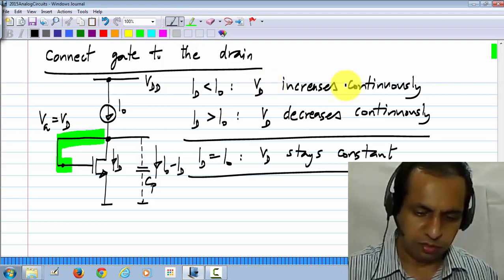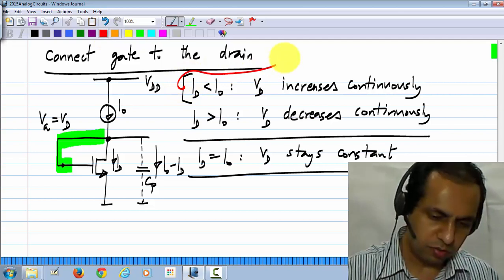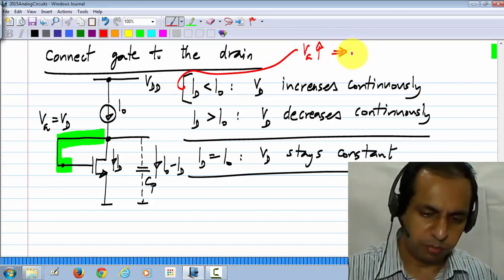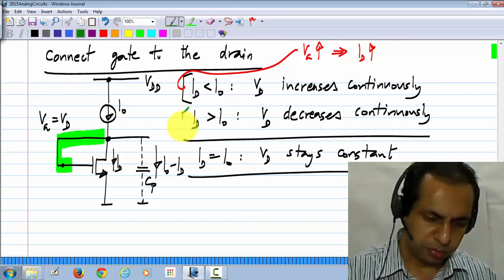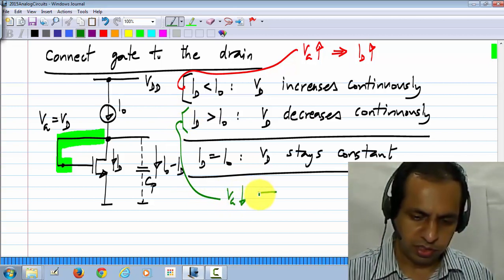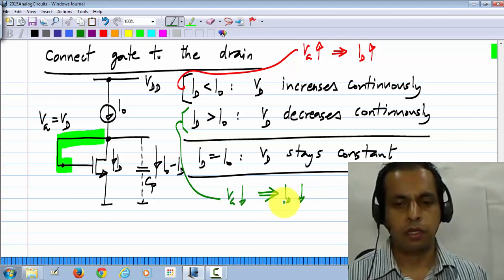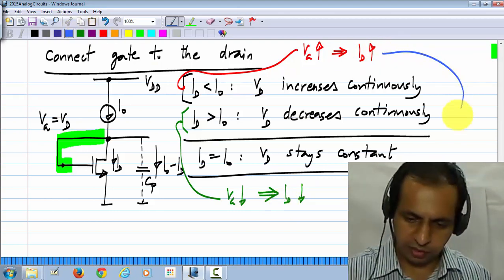So in other words, in this particular case, VG increases, which implies that ID also increases. And in this particular case, VG falls down, which implies that ID also falls down. Now, in either case, both of them will end up at this state.